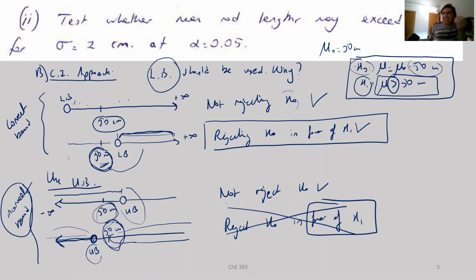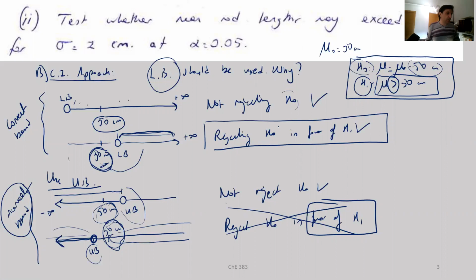Actually, it's just reminding you about that practical approach, that association between the confidence bounds and the one-sided hypothesis test. The correct rationale lies in this approach. Anyway, for this specific question, we are going to be using a lower bound.